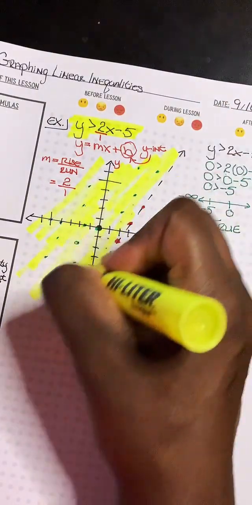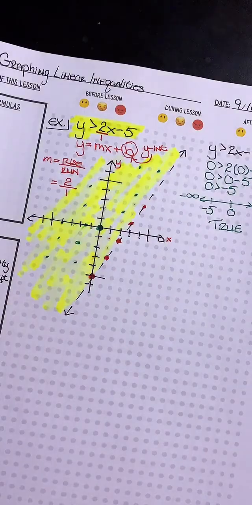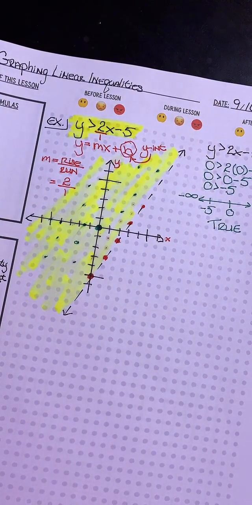When I shade, I'm saying every single point on this side of the boundary line is going to give me a true statement. That's what that's saying.